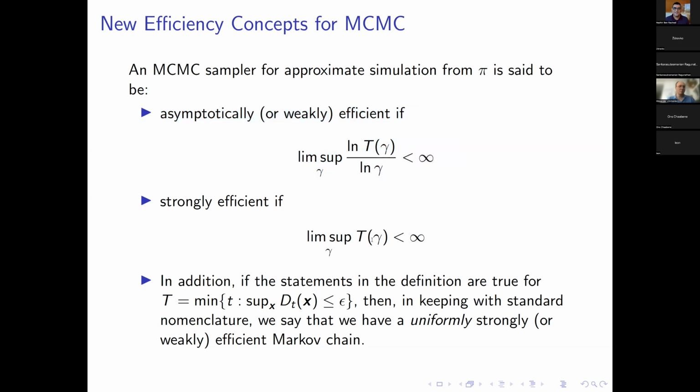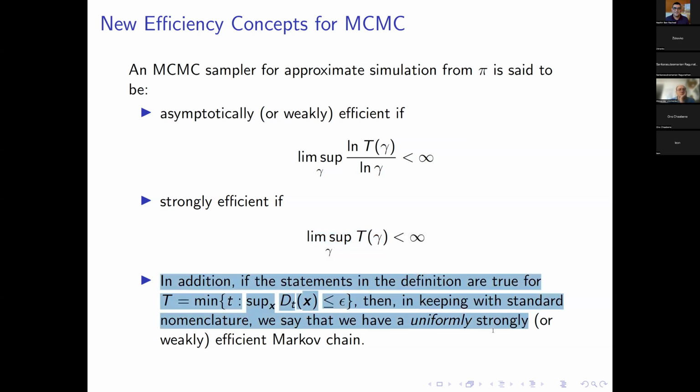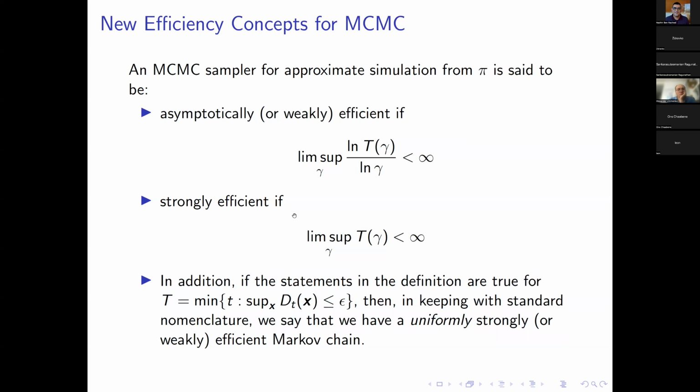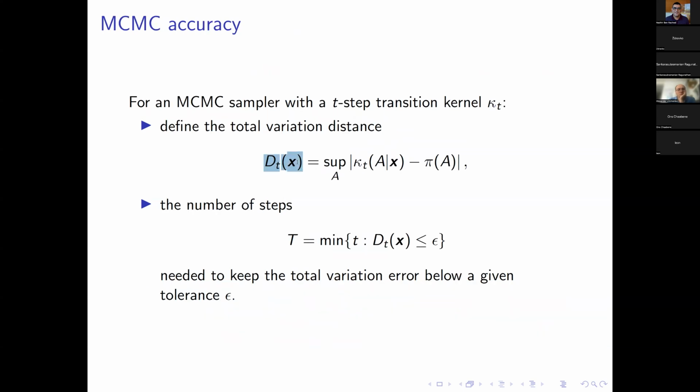Now, if the number of Markov chain steps required to achieve a given precision is bounded uniformly from above, then I have a strongly efficient chain. I should have put a constant here, perhaps. So in some sense, the accuracy of the Markov chain is not affected by the rarity of the event. All of these statements can also be made uniform by making the total variation distance independent of the initial starting point of the chain.